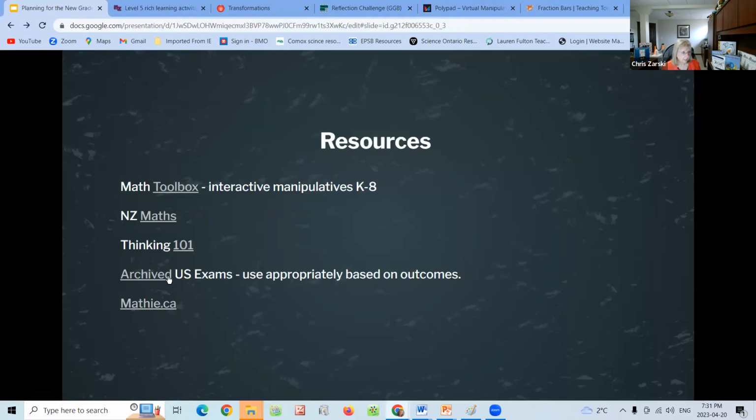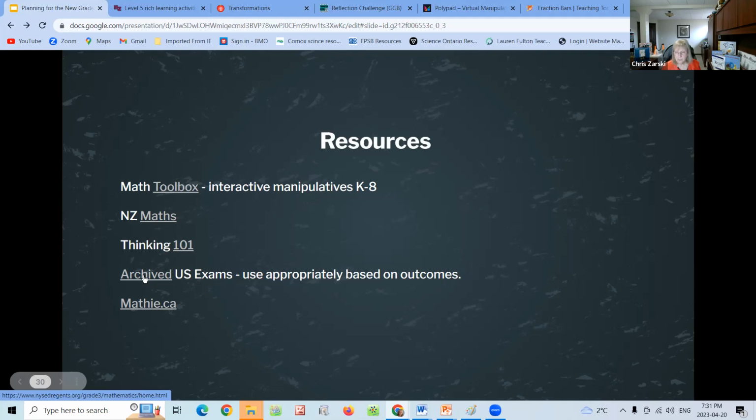The second piece would be, at this time of the year too, you might be looking for some additional assessment questions. These come from archived US exams. Now, I've done some work in the US, and in some of the work that they have done, questions are already leveled. In other words, they're DOK leveled.